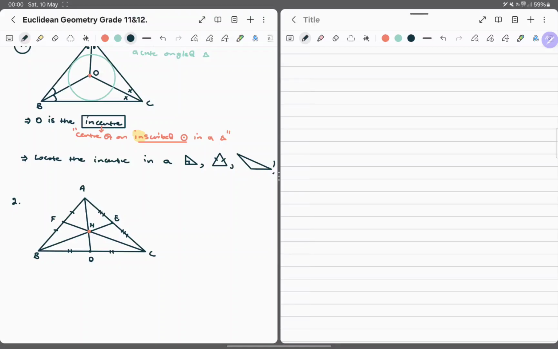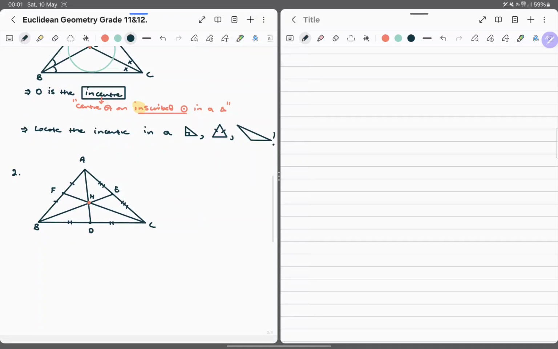So what do we know about this? If these lines are bisectors of the sides of a triangle, now what do we call this? We know that this would imply H is the centroid.